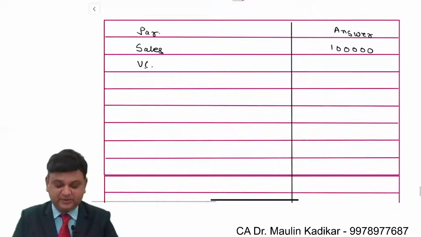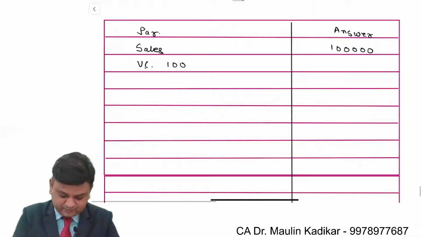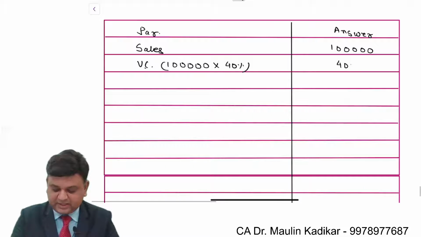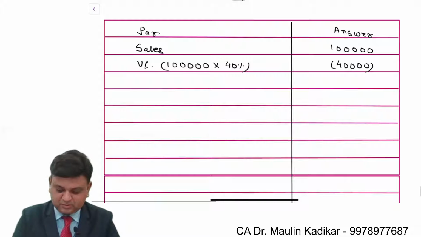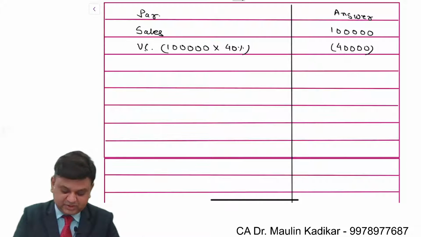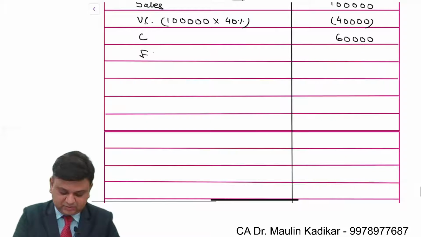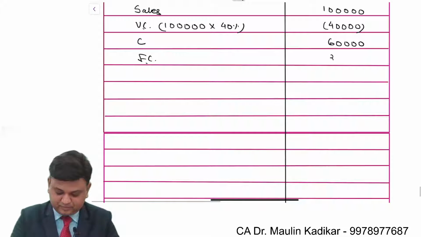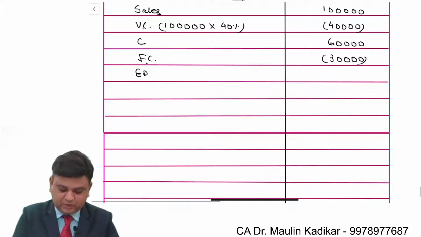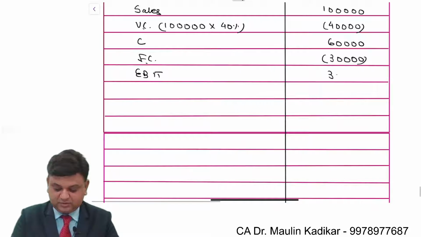Variable cost is 40% of the revenue. 1 lakh into 40%, that comes to 40,000. Contribution is 60,000. The amount of the fixed cost is 30,000. So the operating income is again 30,000.